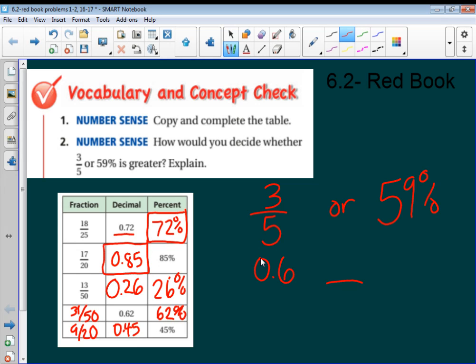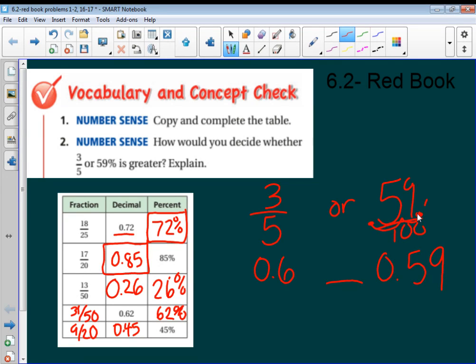Well, in order to take 59%, I simply move my percent and put that over 100. I don't really need to do this, but just for show, 59 divided by 100 is equal to 59 hundredths, or I can simply move my decimal 1, 2 places, so I get 0.59.